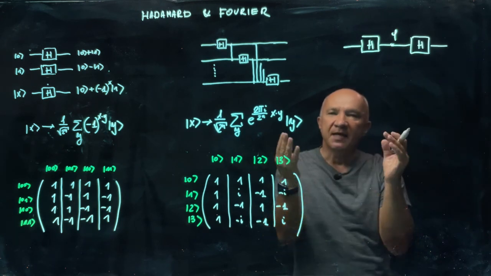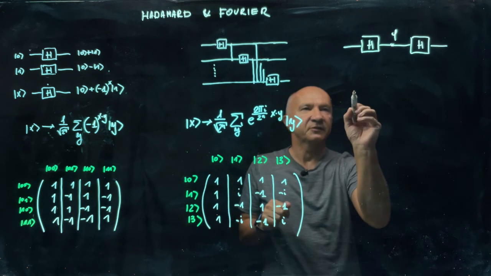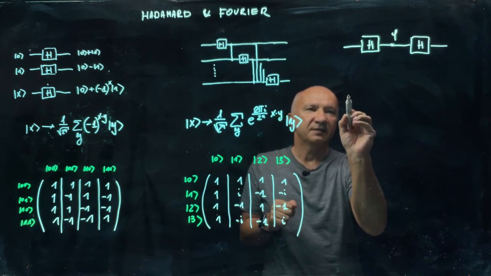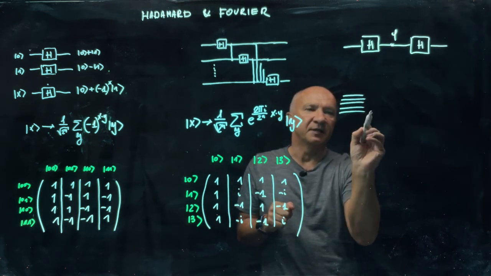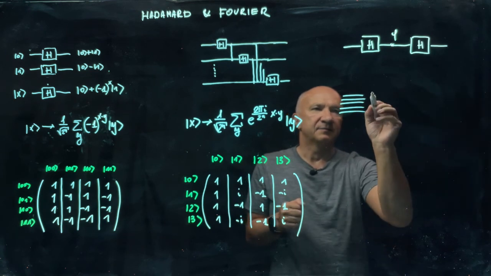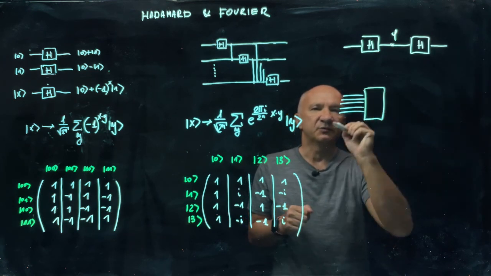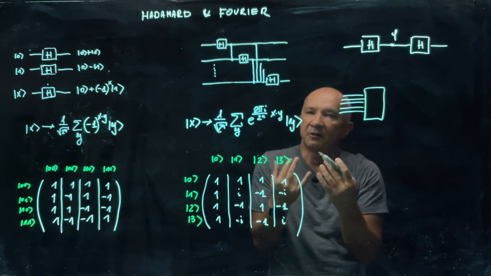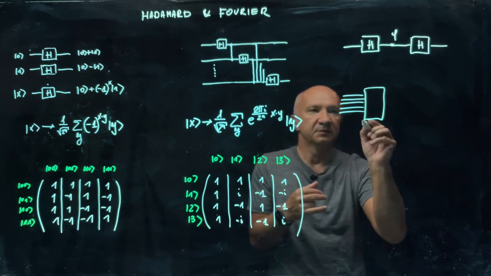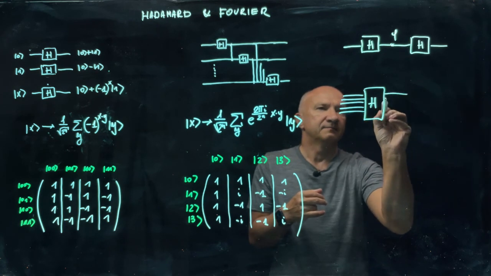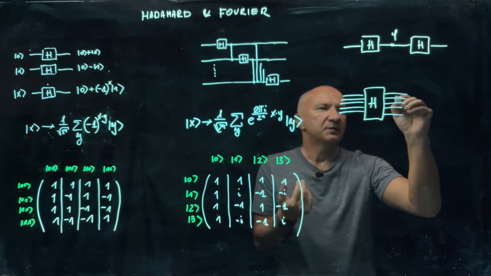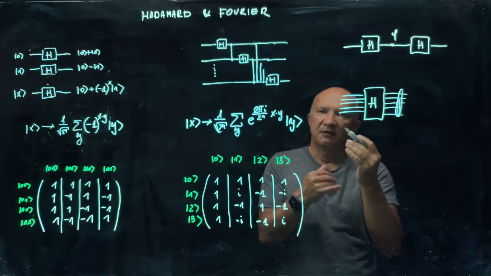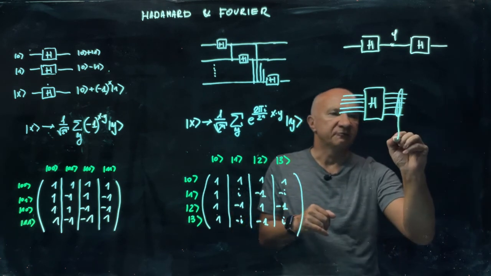Now when we have many qubits, and it's a little bit of a spoiler, we will start quantum interference with something that we will now call the Hadamard transform. Then here we will introduce phase factor using quantum function evaluation.